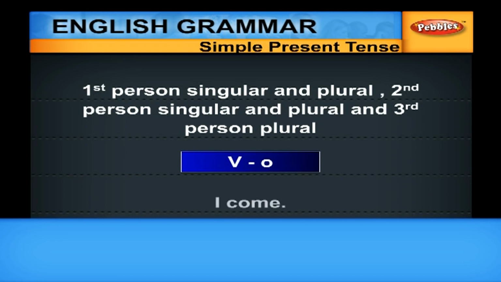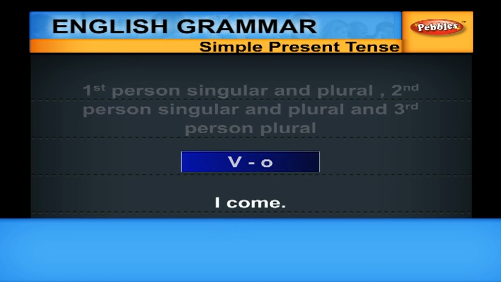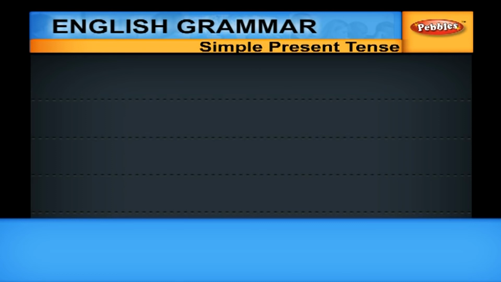I come. I, first person singular. We come. We, first person plural. You come. You, second person singular and plural. They come. They, third person plural.